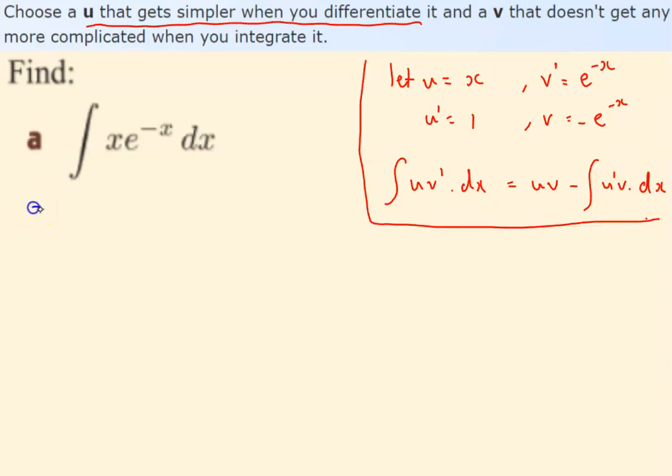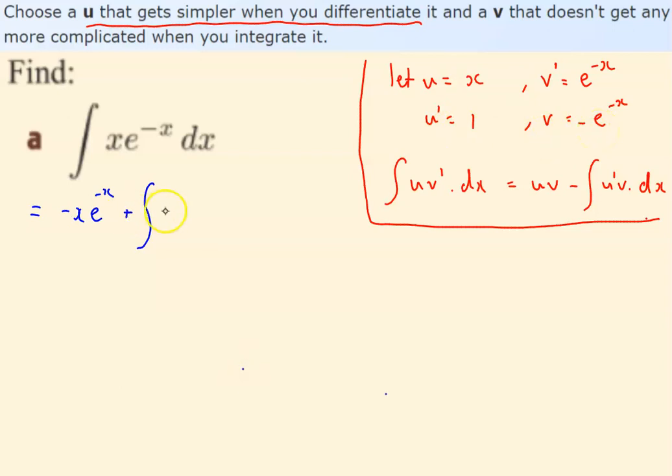Now let's simplify. First I multiply my u and v terms, so let's put the negative in front of the x with the e to the minus x. Subtract the integral of u' times v, which is 1 times negative e to the minus x.